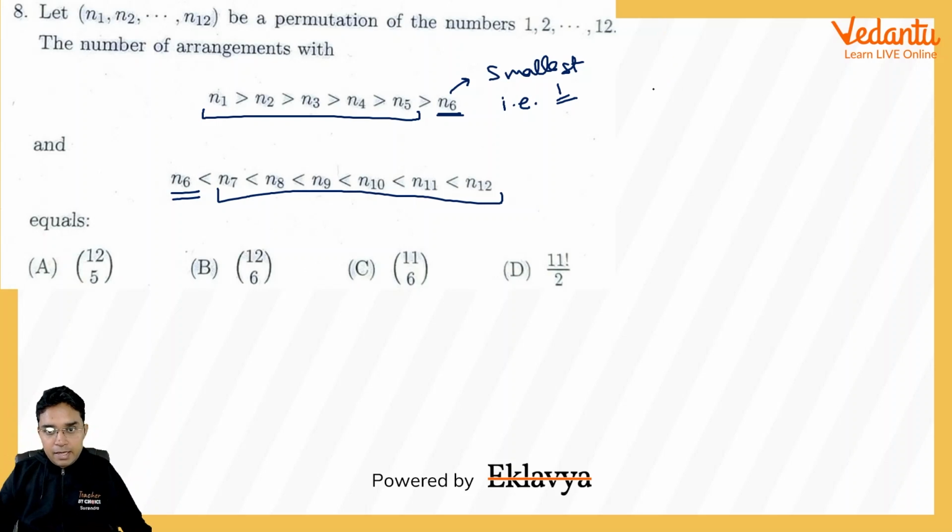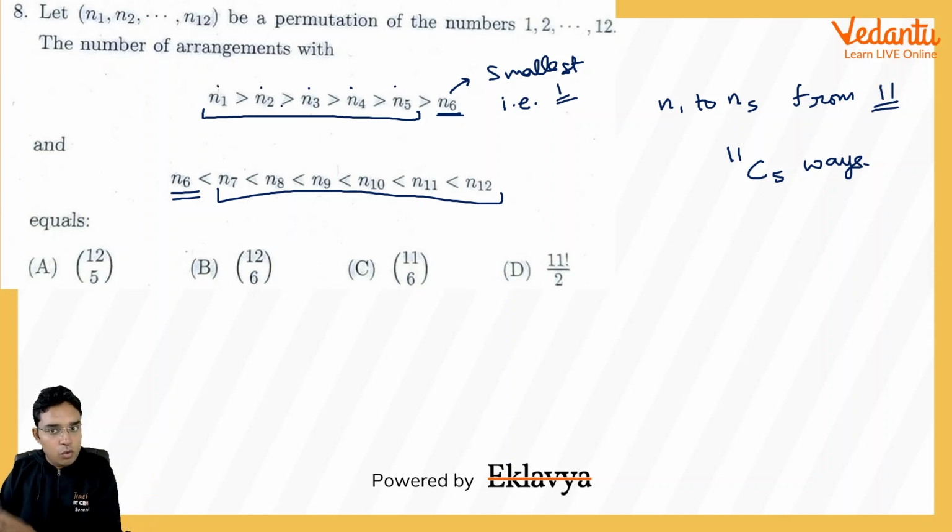So if I select n1 to n5 numbers from the remaining 11 numbers, that will be done in 11C5 ways. Okay, and we will be arranging them in only one order, one way, so that n1 is bigger than n2 and so on. And then I think we will be left with 6 numbers, and n7 to n12 is also 6. So selection for n7 to n12 will be done automatically once we have selected n1 to n5 numbers. So number of ways here would be just 11C5.